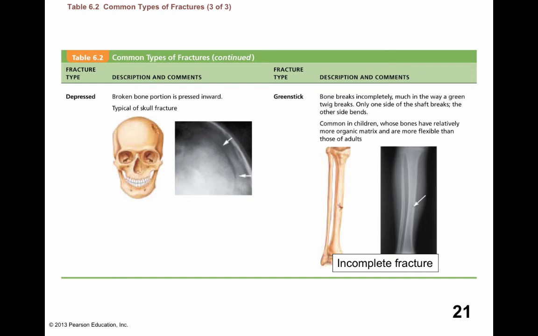Children's bones have more organic matrix in them than adult bones, more cartilage and more collagen, so they tend to be more flexible than adults'. With extreme bending, it'll just get a small break on one side, but it won't break all the way through to the other.